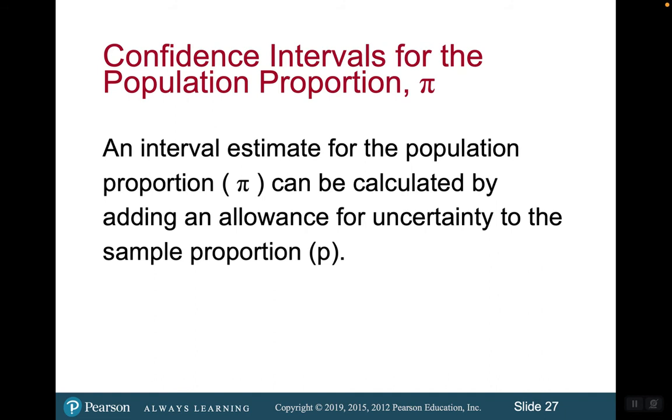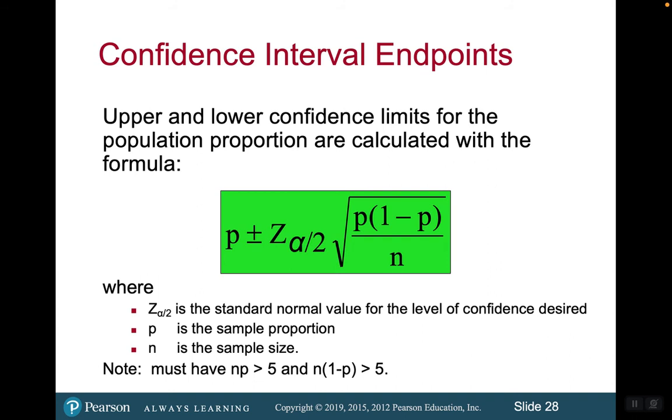So let's look at that a little more specifically. Once again, with all these confidence intervals, we have a higher and a lower endpoint, and we're going to calculate what these endpoints are. This is the formula for the proportions.